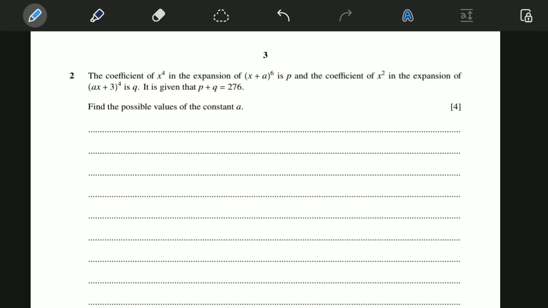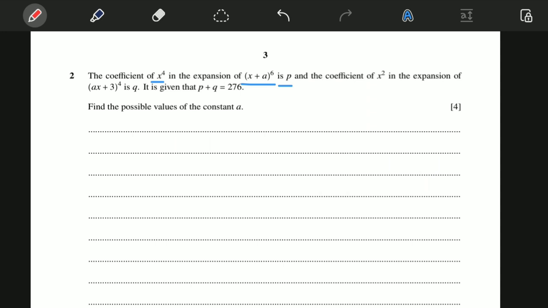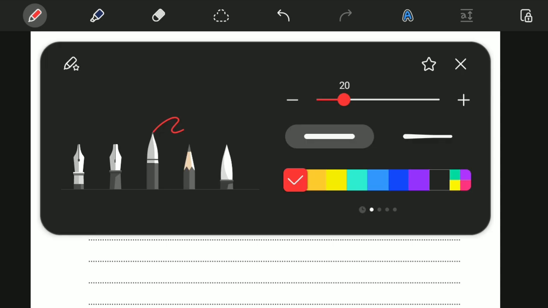So they have given you the coefficient of x^4 in this expansion is p. The second thing they have given you is the coefficient of x square in the expansion of this is q, and also they have given you the relation between them.